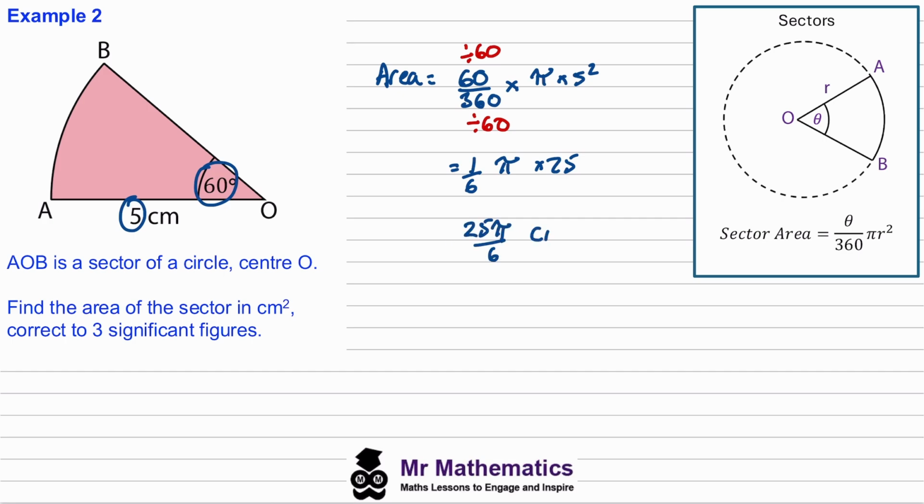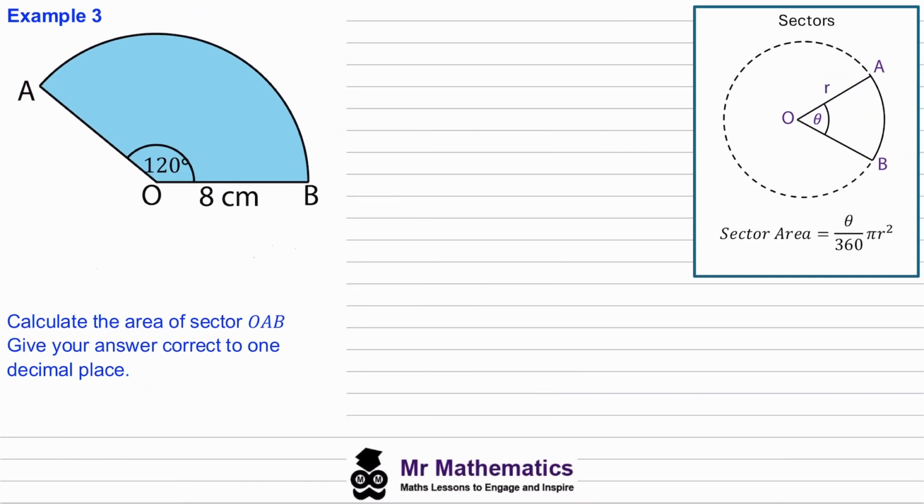And this is in centimetres squared. So quite often we're asked to leave it as a multiple of pi. And this would be the area as a multiple of pi. We could convert it to a decimal. And then we get 13.1 centimetres squared to 3 significant figures. Okay? Let's try example 3.